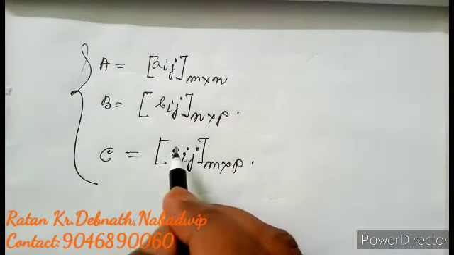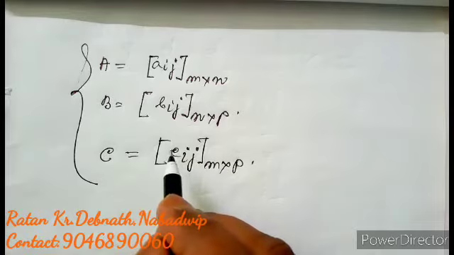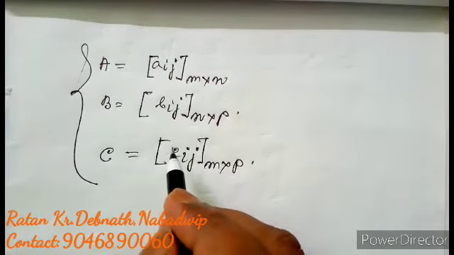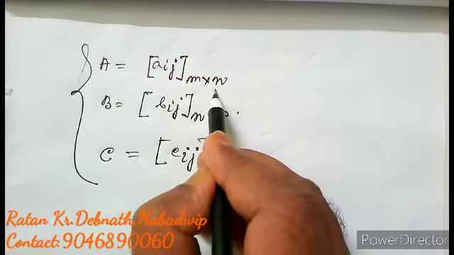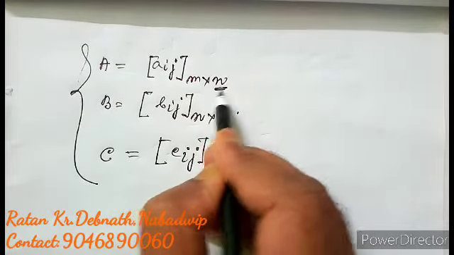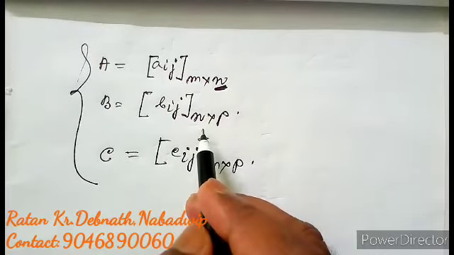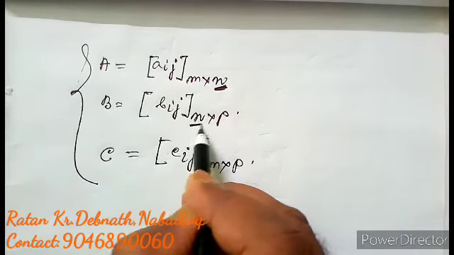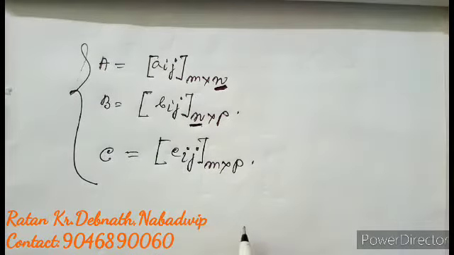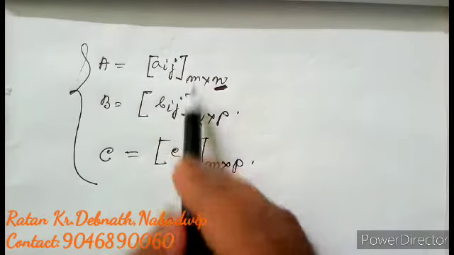Observe this very carefully. Matrix multiplication is possible only when the number of columns of the first matrix equals the number of rows of the second matrix; then only can we multiply the two matrices.